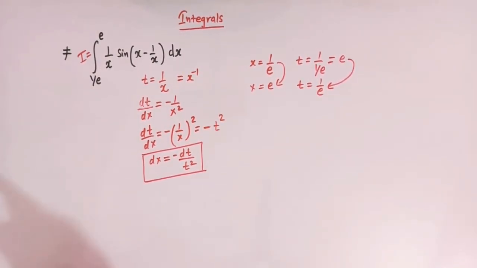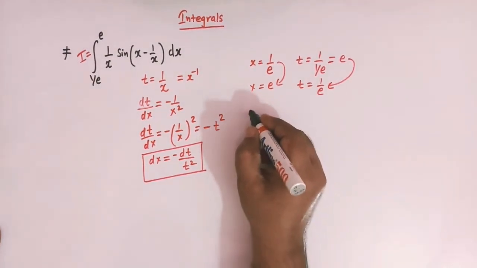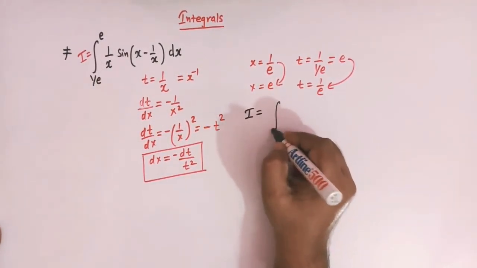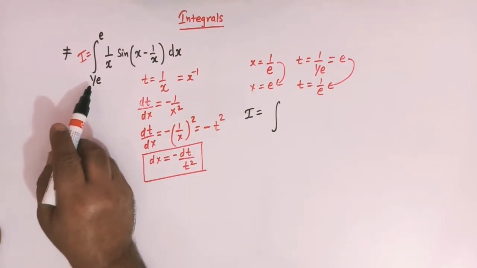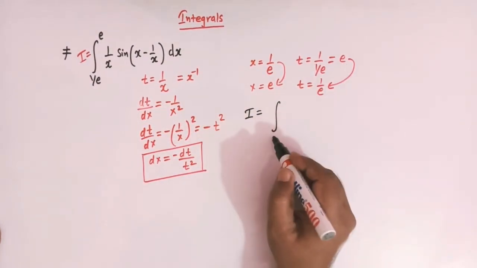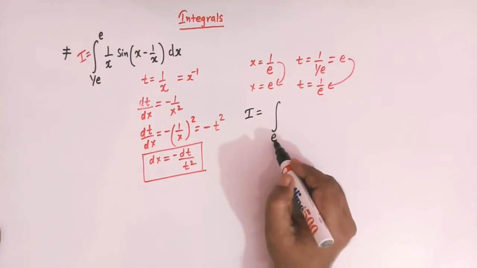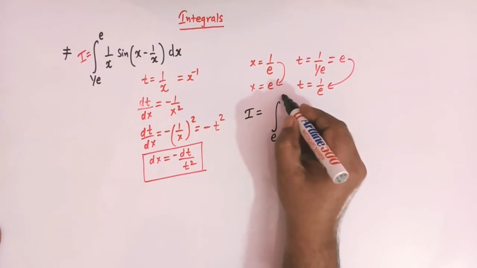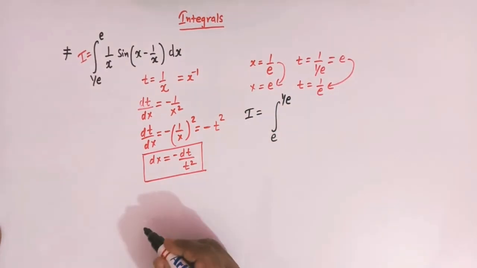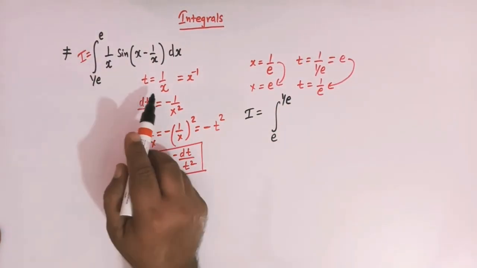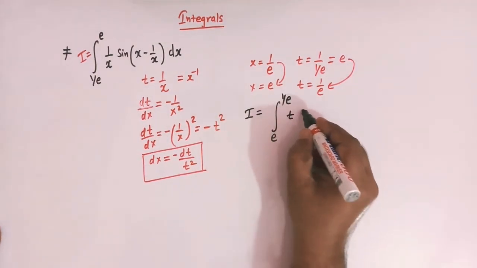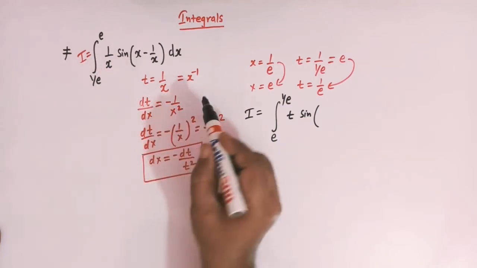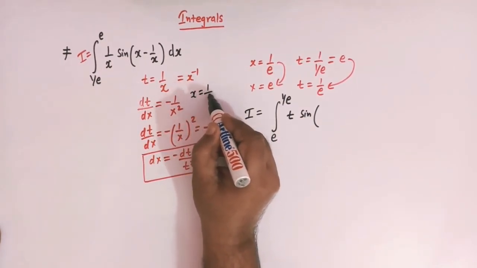So now we can rewrite our integral I in terms of t. Here we have the integral with lower limit e and upper limit 1 over e. For 1 over x we can write t, and here we have sine, and for x we can write 1 over t.